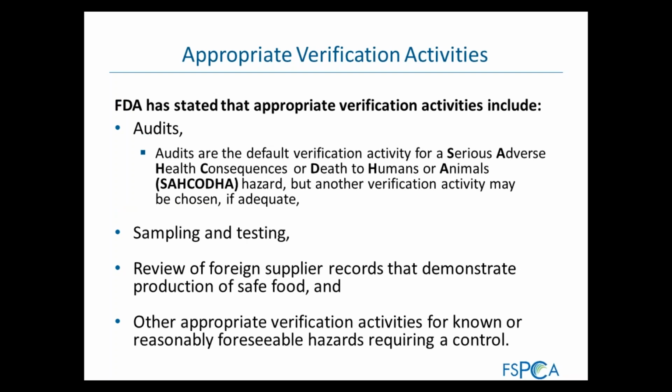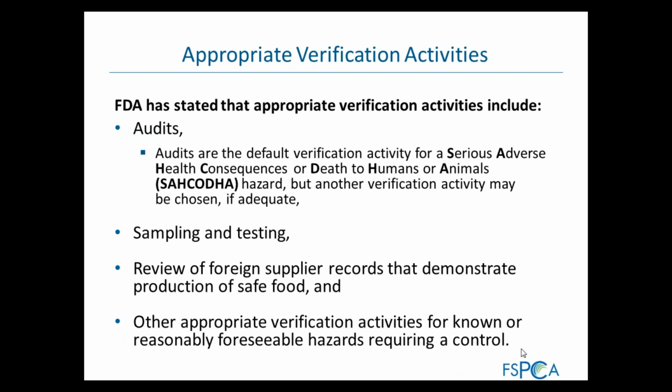Some examples of the verification activities would be audits. Audits are required for any product that you're importing that represents a SACOTA hazard, serious adverse health consequences or death to humans or animals.